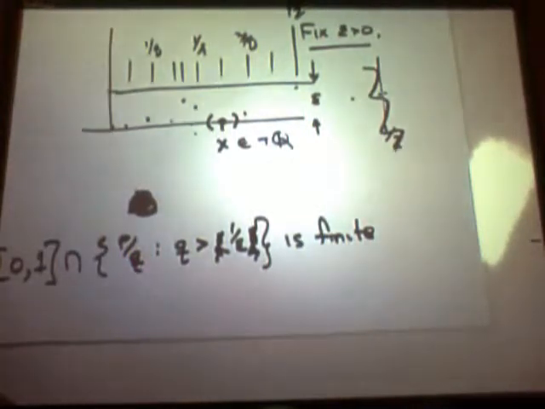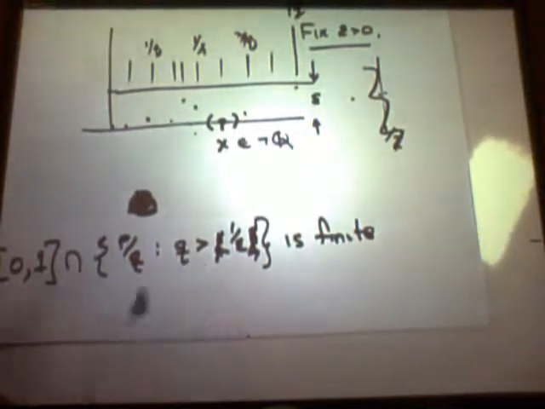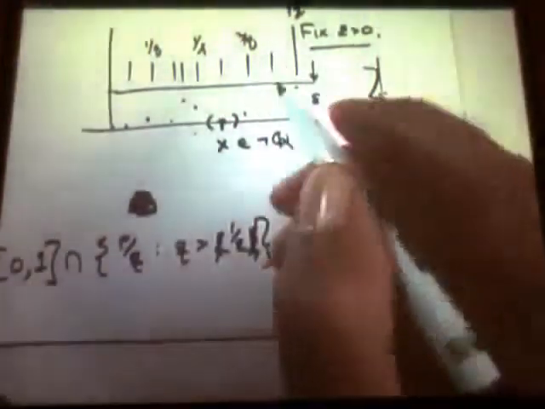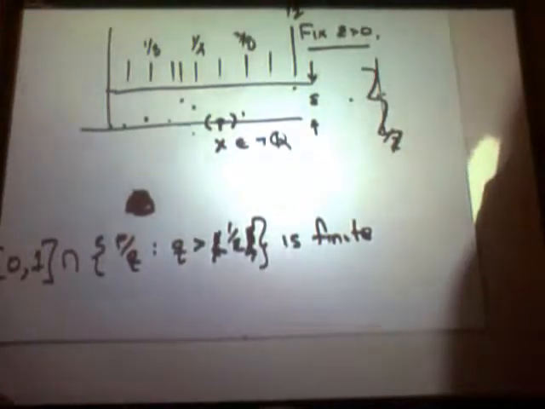Where q is a small number, is what I'm saying. So after a while, q gets to be a pretty big number. But that's good because then 1 over q is a small number, maybe less than epsilon. I can arrange it that way by insisting that q be greater than 1 over epsilon. It's a finite set. So fine, I go find them all, and I say, certainly x isn't one of them because it's irrational.